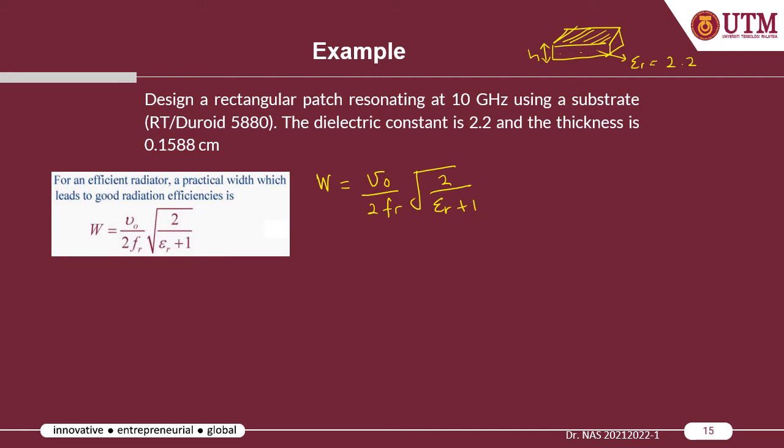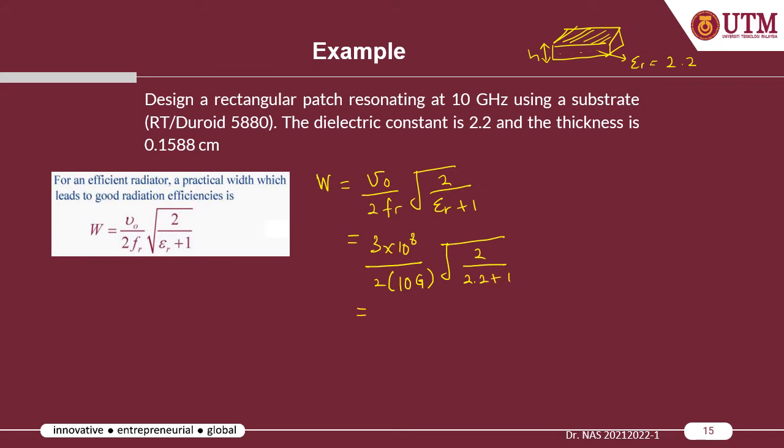As mentioned earlier, I would prefer you to write down the general equation before you put in any values into the equation and consequently solve the problems. Right, so V0 is 3 times 10 to the power of 8, the resonant frequency is 10 GHz, and the square root of 2 divided by epsilon r, which is 2.2, plus 1.